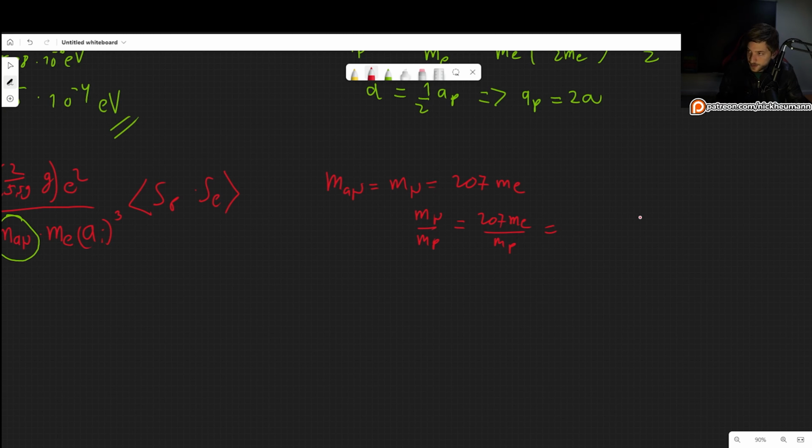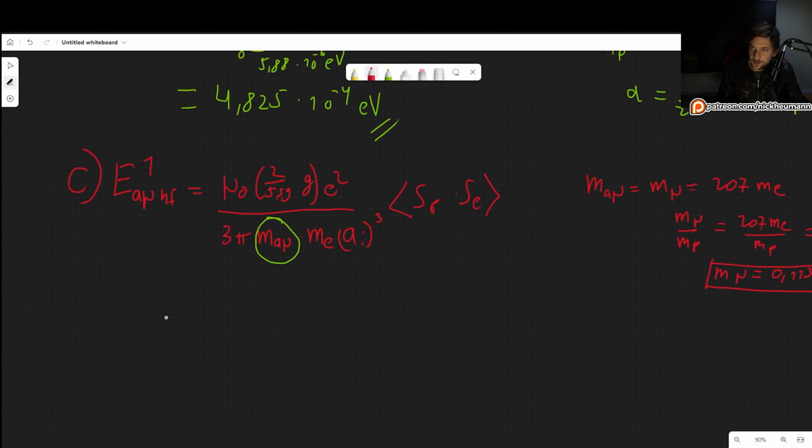So this is 0.113 basically. So the mass of the anti-muon or the muon is 0.113 times the mass of the proton. So that is what we care about. That is what we will now plug in here, right? So we get mu 0 G. I'm going to take my constants to the side as I like to do, or basically the numbers that we have now found.